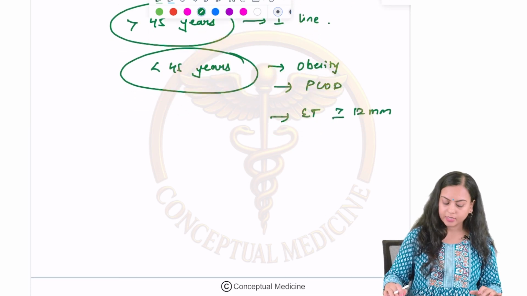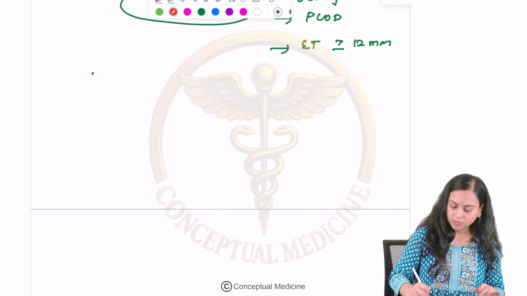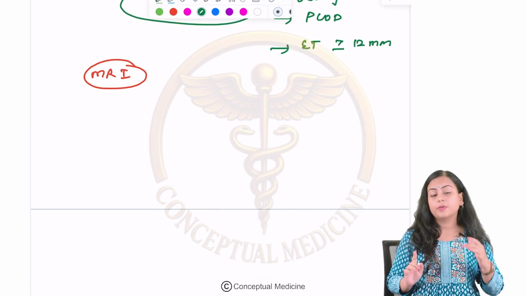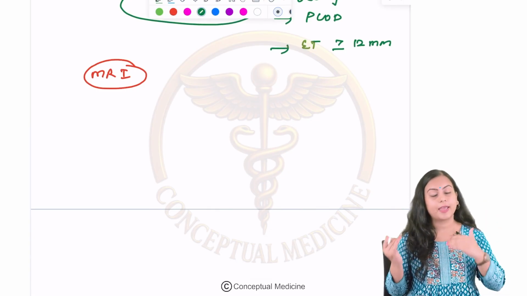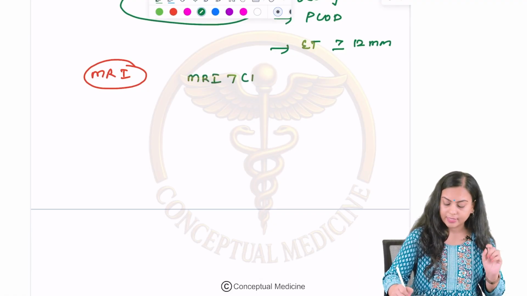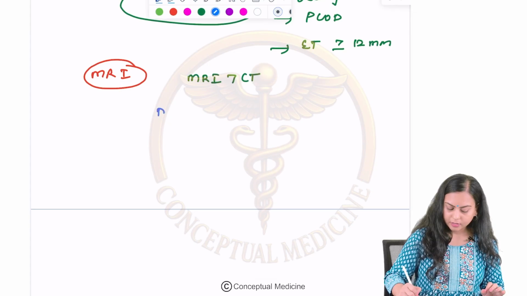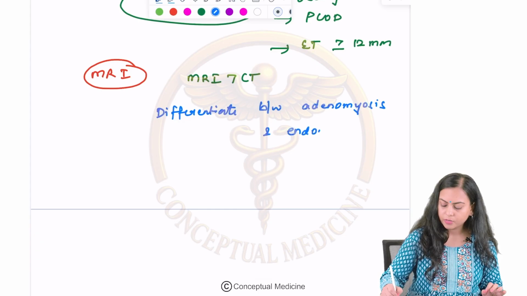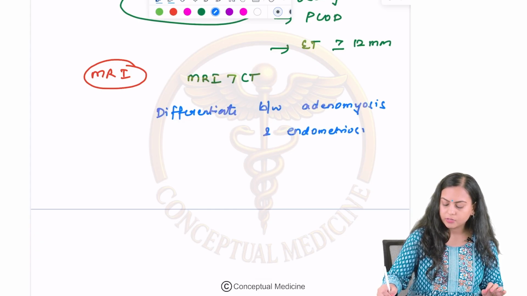Clear? Right. And also you can offer MRI in some patients. Remember, don't offer CT, offer MRI, because MRI is superior to CT, and it will also help you to differentiate between adenomyosis and endometriosis.